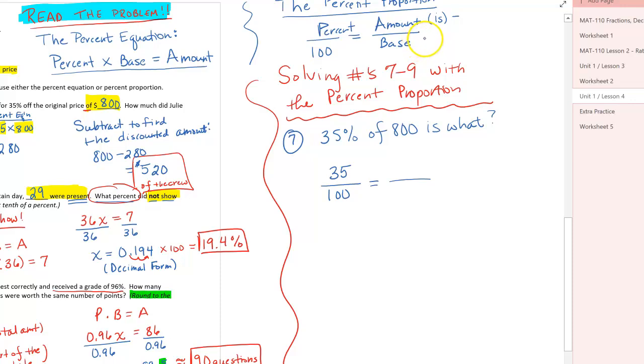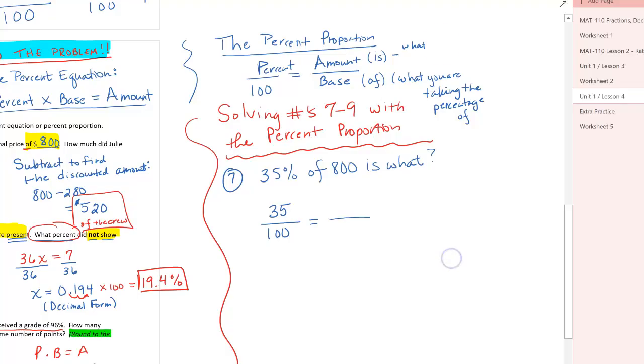And the base is usually followed or preceded by the word of because it's what you're taking the percentage of. And the amount is what you get when you take the percent.